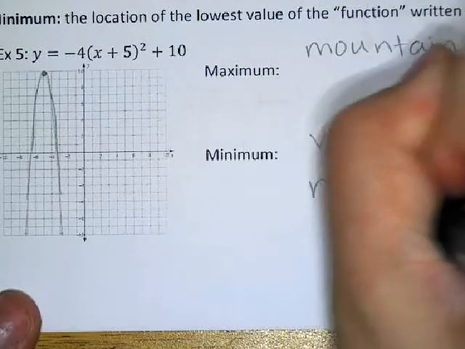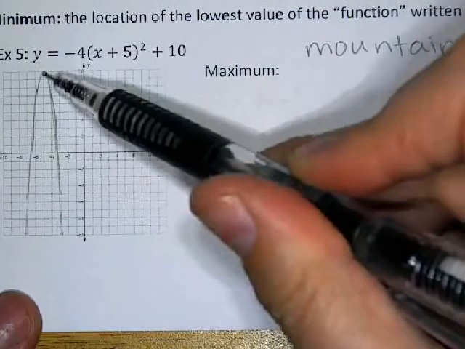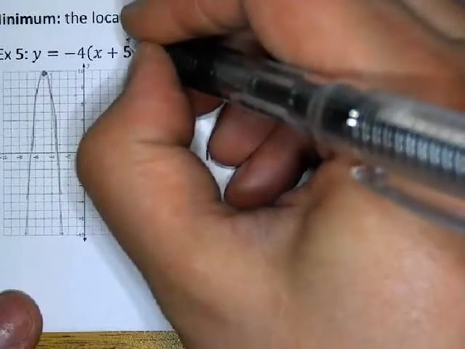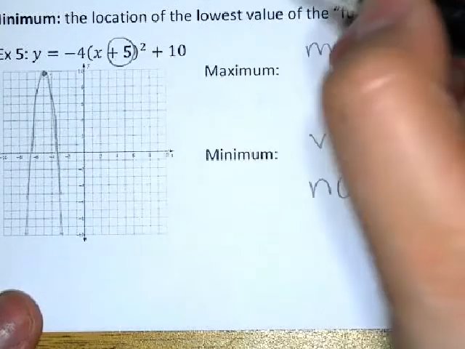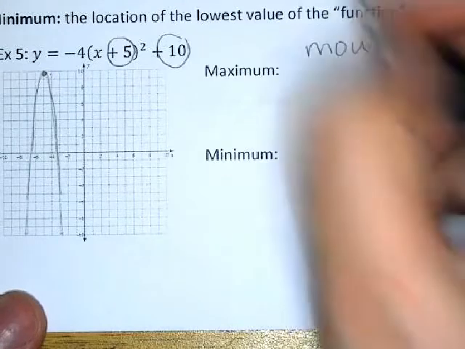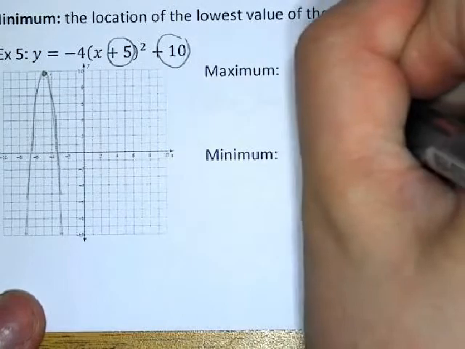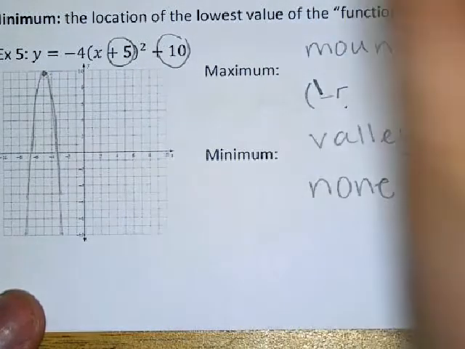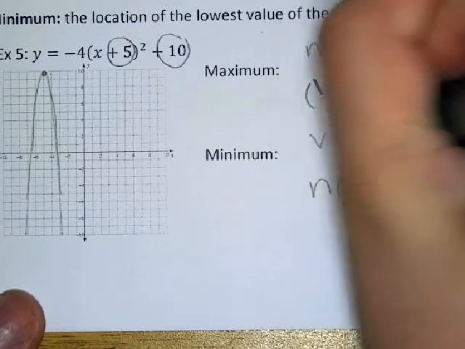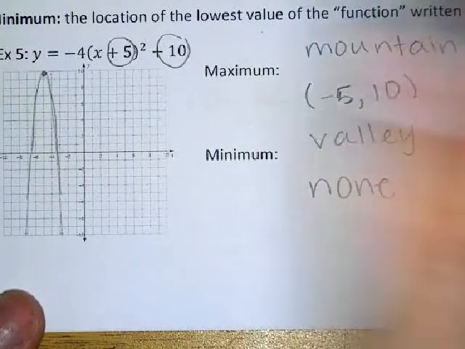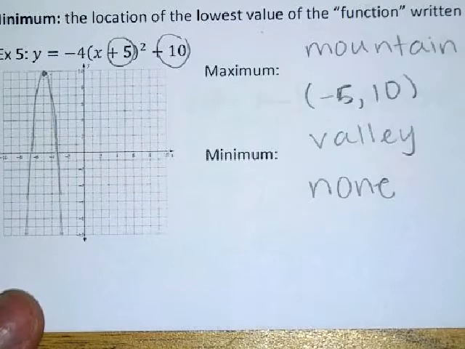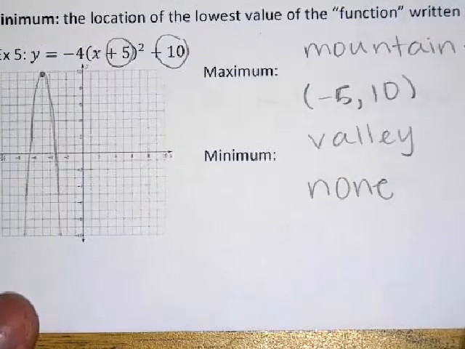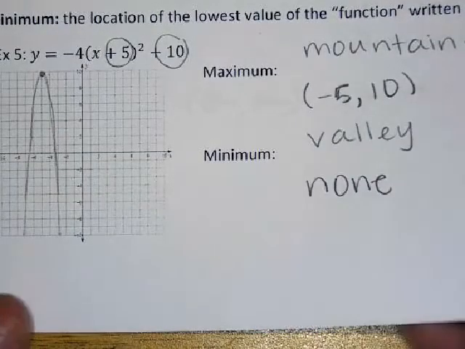For maximum, I would find the vertex. The vertex is -5, +10. So -5, +10 is the mountaintop. So that's the maximum. All right, on to the next page.